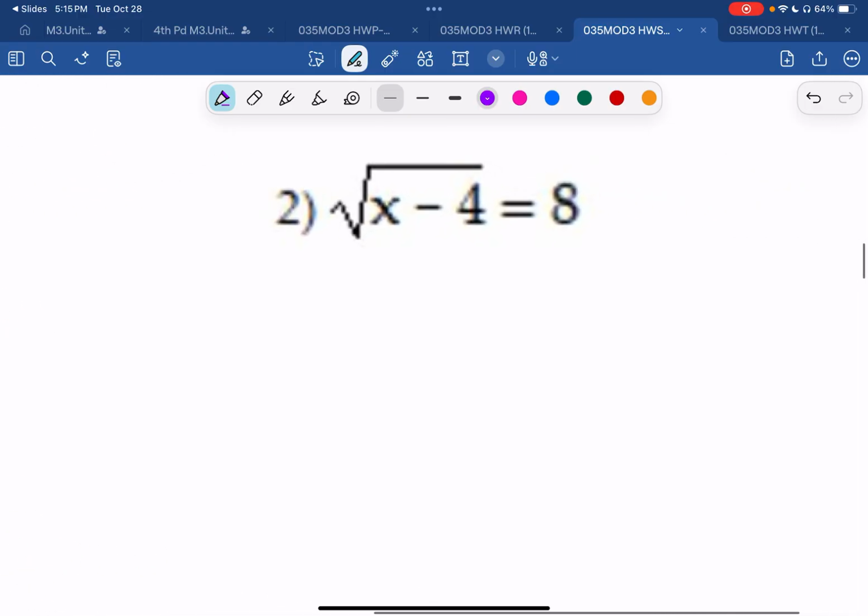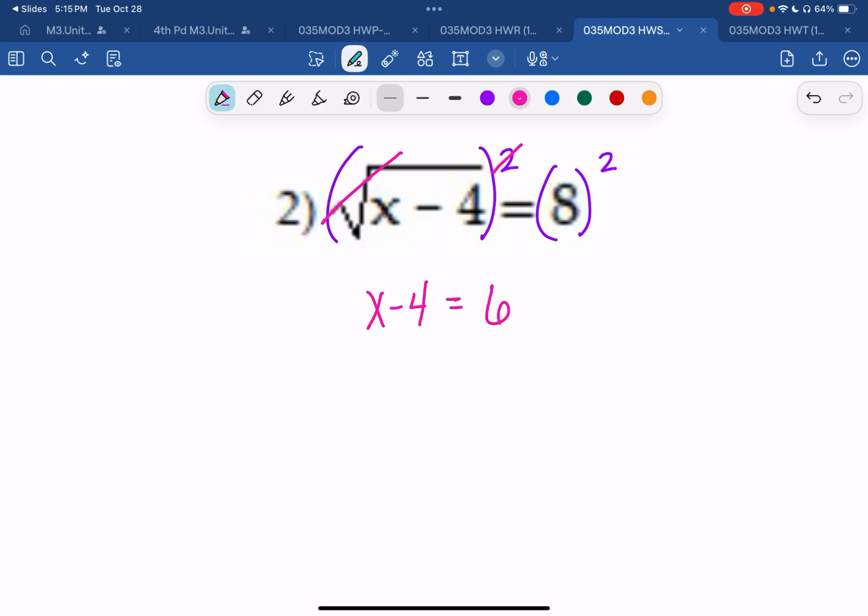So here again, I've got my square root isolated on one side, so I can square both sides. Because now my square root and my square are going to cancel, and so I'm left with x minus 4 equals 8 squared, which is 64. I'm going to solve this by adding 4 to both sides. And so x equals 68.